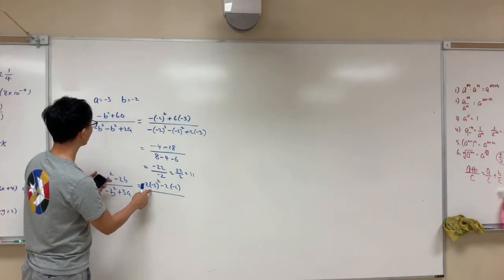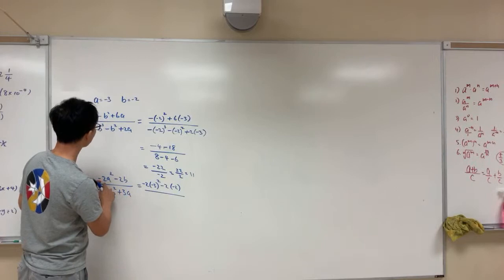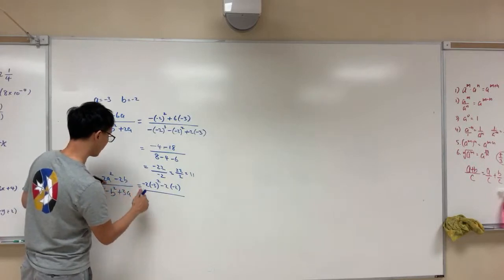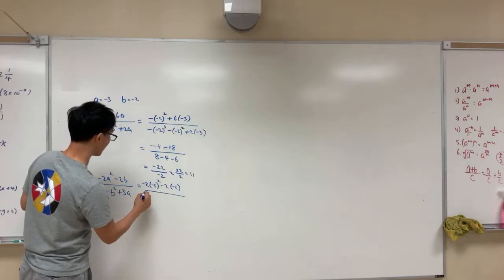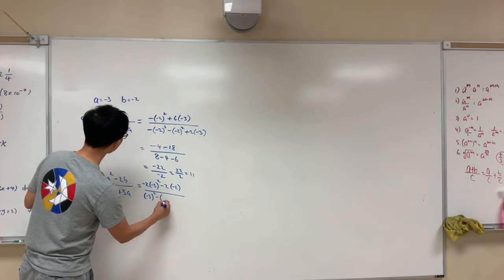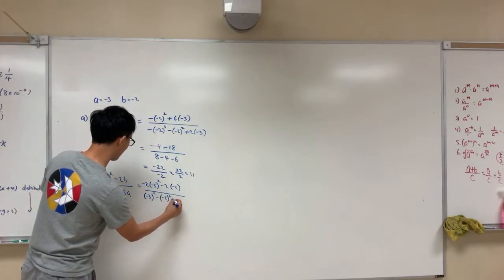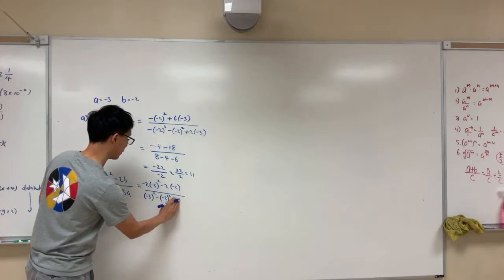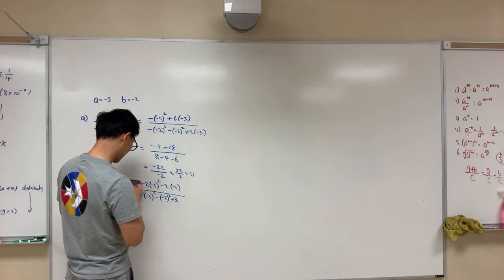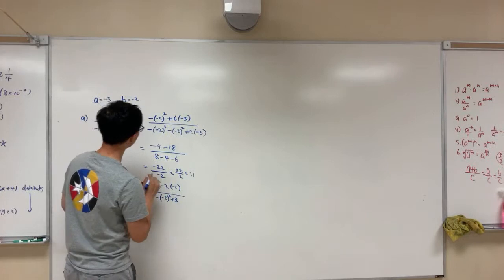So negative 3 squared minus 2 times negative 2. I built a good habit to double check. A squared is going to be negative 3 squared, minus b squared, so negative 2 squared, plus 3a, and in this case a is going to be negative 3.